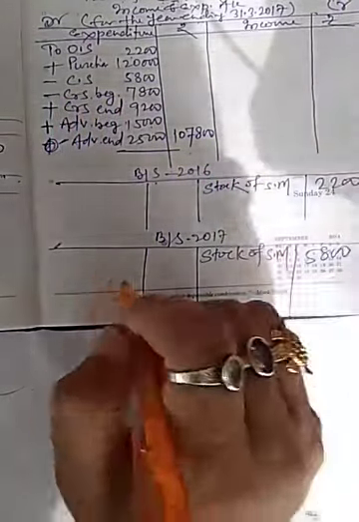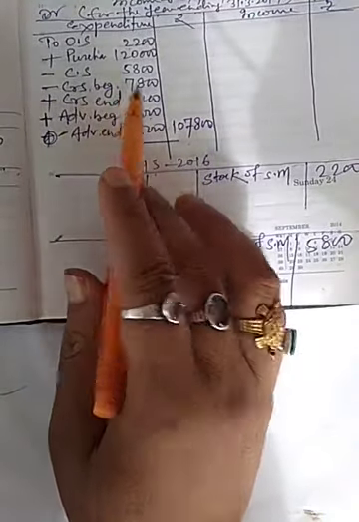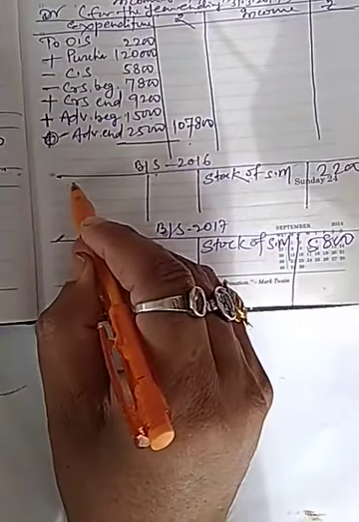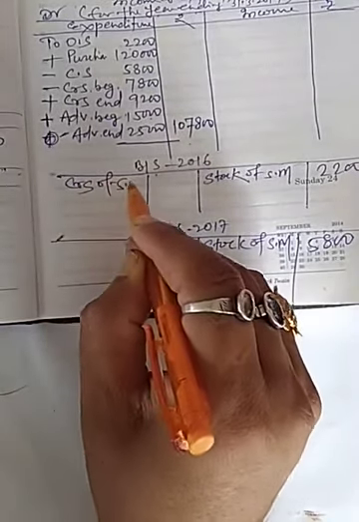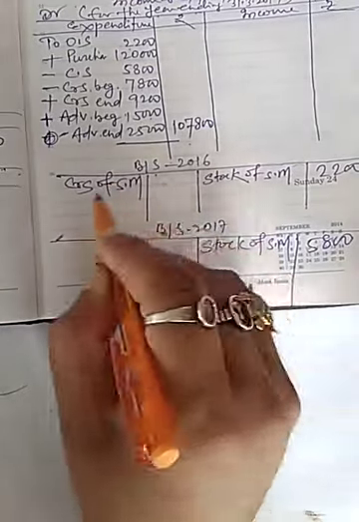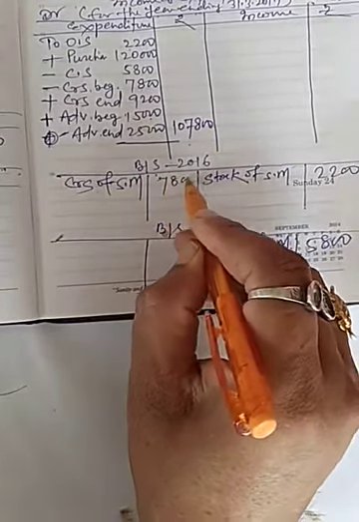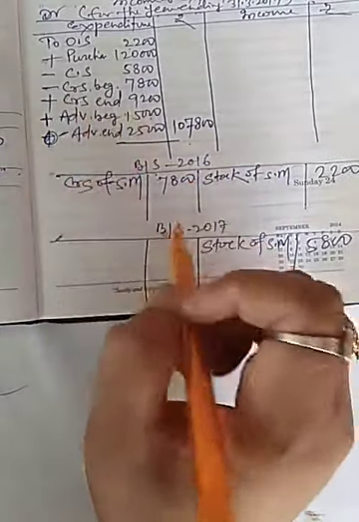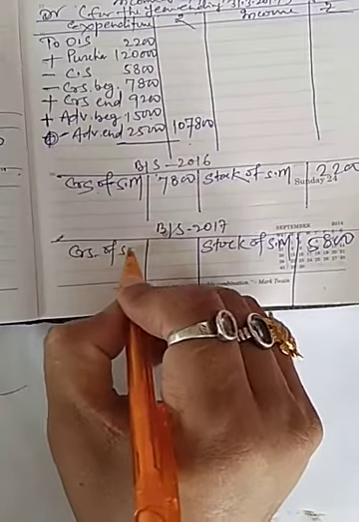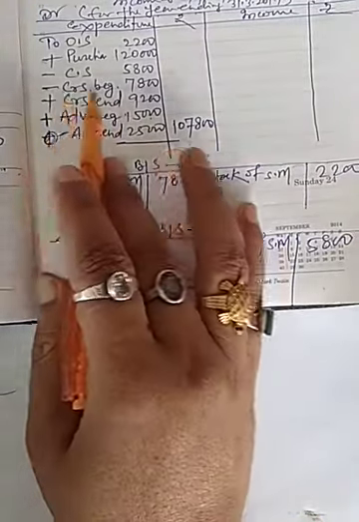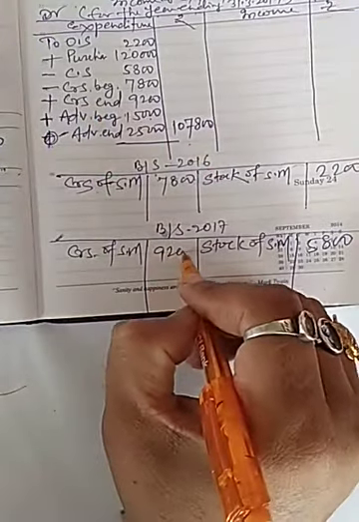Now creditors at the beginning of the year, so I will write on the liability side creditors of sport material. It is given as 7,800, and creditors at the end of the year, creditors of sport material, given as 9,200.